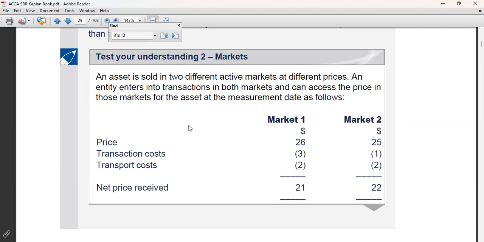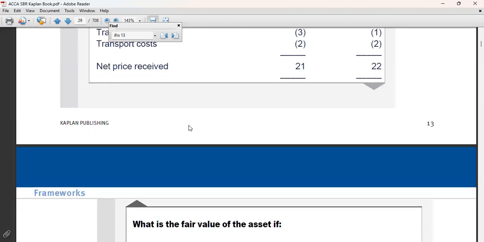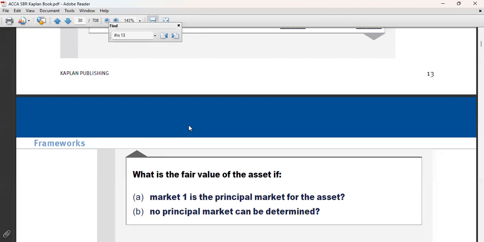So if you don't have a principal market, which one will you go for? Most advantageous, right? Exactly. So now if there is no principal market, the question said that there is no principal market.